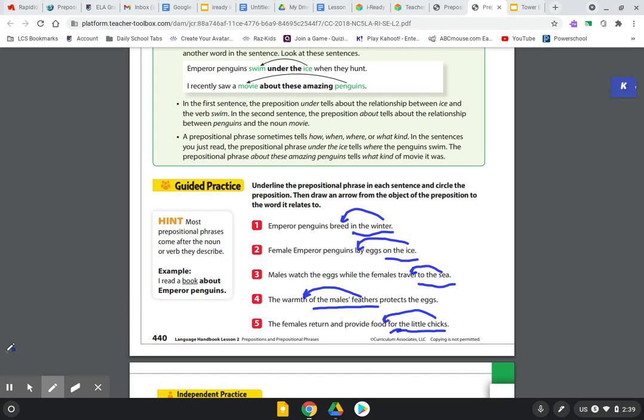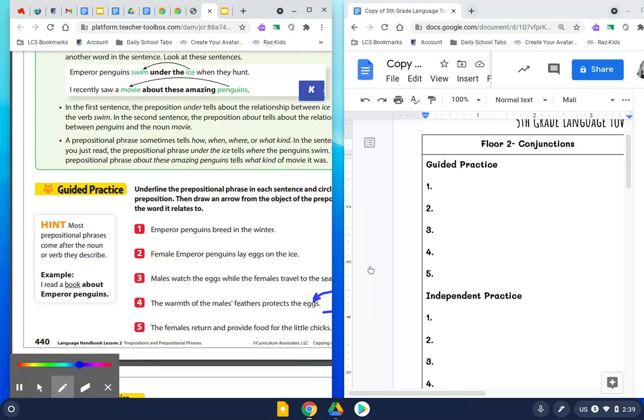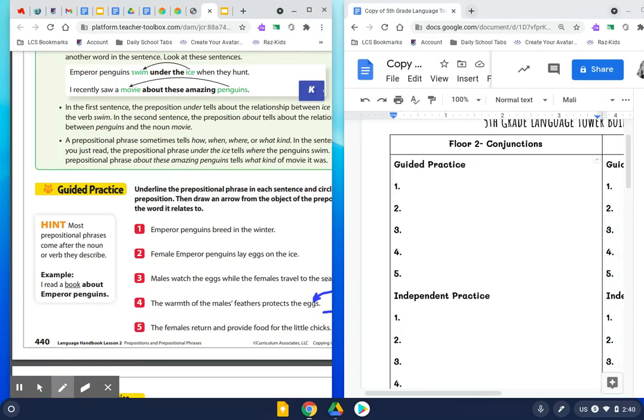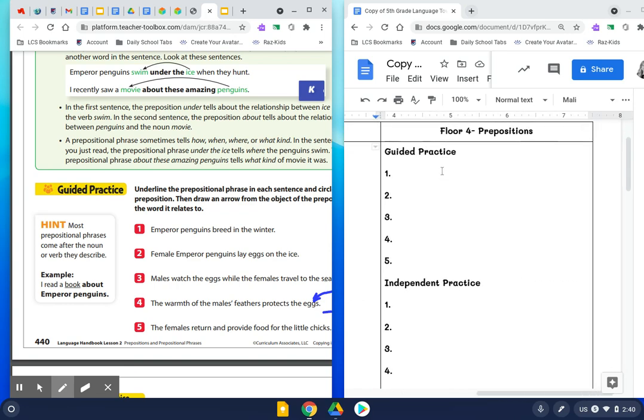Let me show you what that looks like. On your recording sheet, you will see floor 4 prepositions. This is where you're going to record your answers. The guided practice is the one I just did with you. You're going to put your prepositional phrases that we covered on numbers 1, 2, 3, 4, and 5 together. So for floor 4 prepositions, number 1, in the winter. Number 2, on the ice.